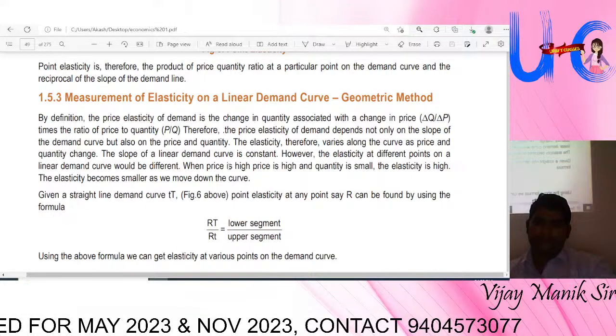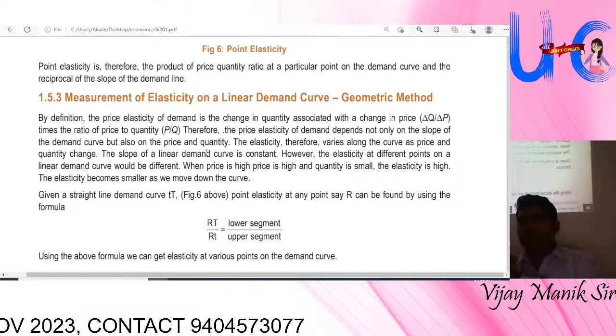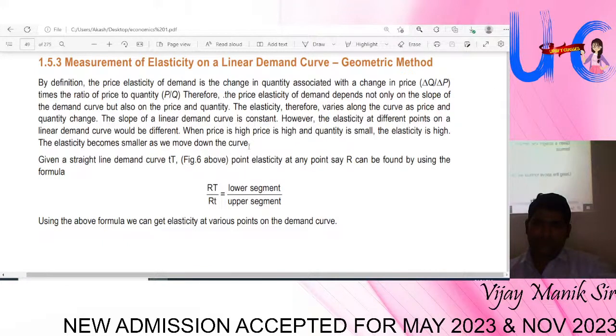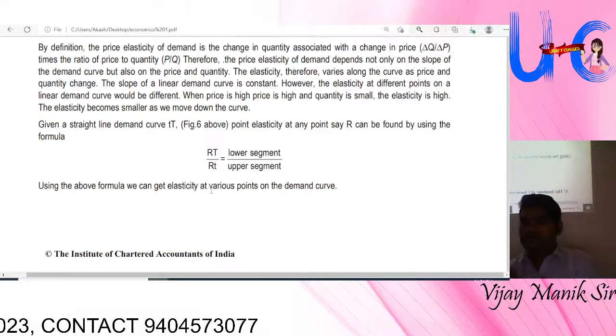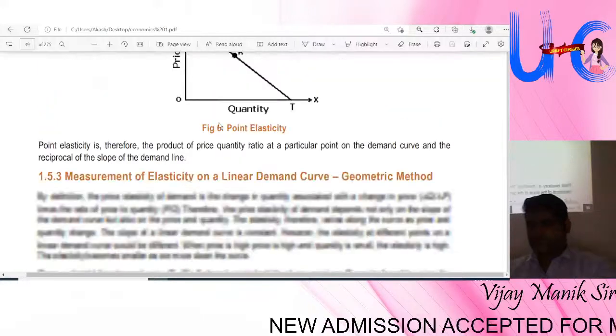Okay. Measurement of elasticity on linear demand curve. Geometric method. Equation is given here. Formula is given. RT upon RT T small equals lower segment upon upper segment. Now you have to study first this figure. What is point elasticity?